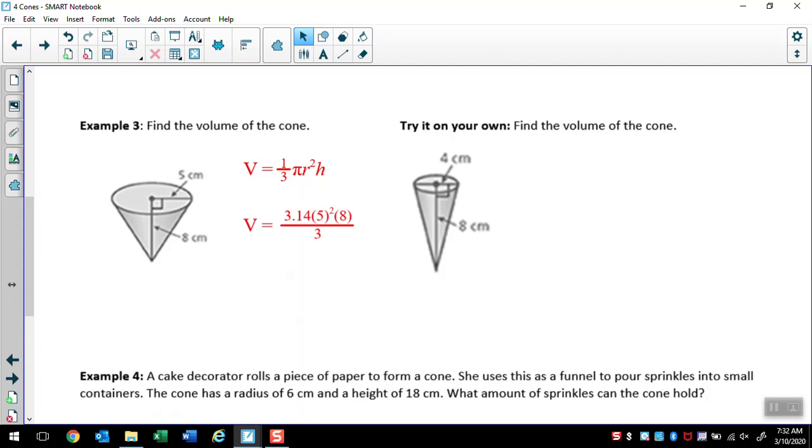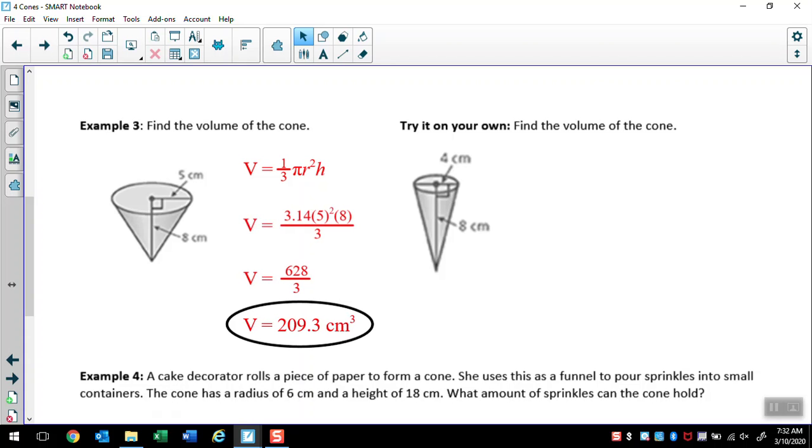And you're going to notice that I took out that 1/3 and I replaced it with just dividing everything by 3. Because remember, multiplying by 1/3 is the same as dividing by 3. Makes it a little bit easier. So now we can take care of all that multiplication on the top, and then we can divide by 3.